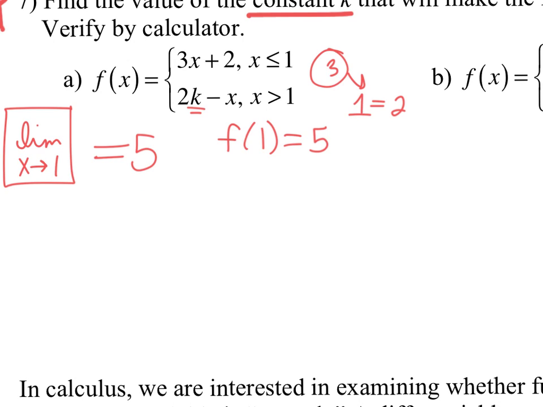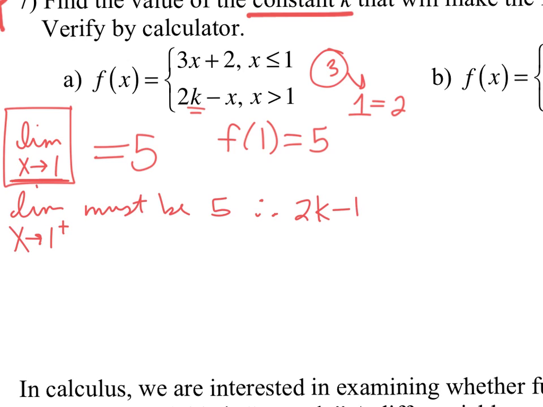The limit as x approaches 1 from the left is 5, because we already did that, 3 times 1 plus 2. The limit as x approaches 1 from the right must also be 5. And there's k right there. So the limit as x approaches 1 from the right, since the limit has to exist in order for it to be continuous, must be 5. Therefore, 2k minus 1 must equal 5.